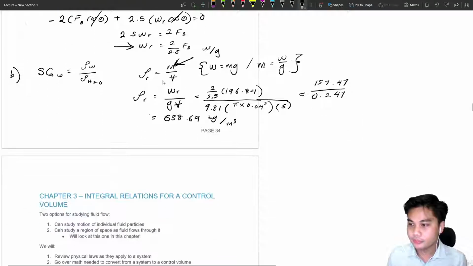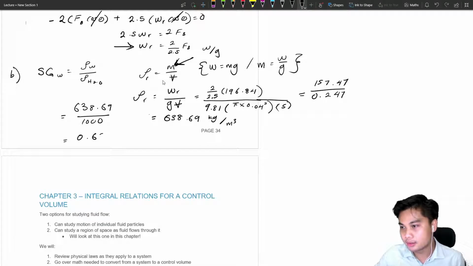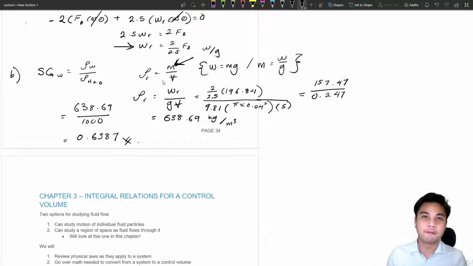Thus, in order to get the specific gravity of the wood, density of the wood, which is 638.69, divided by 1000, you will end up with 0.6387. Therefore, that is the final answer.